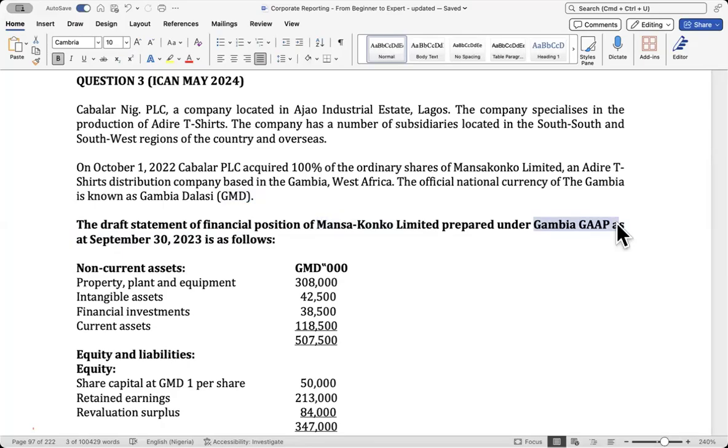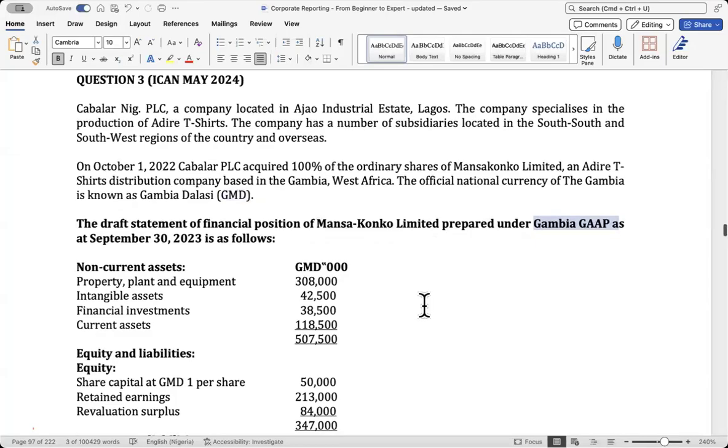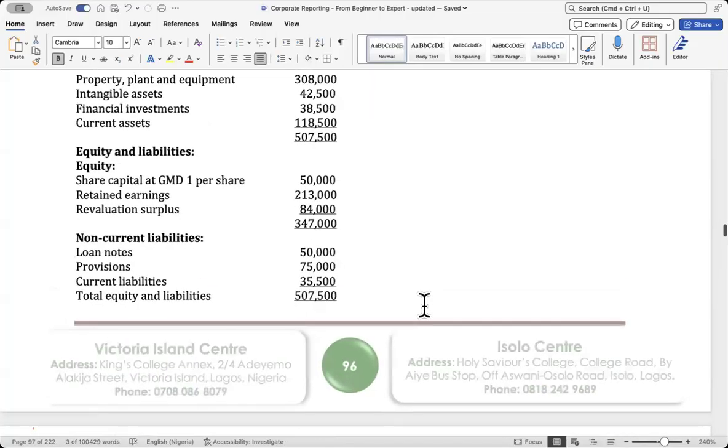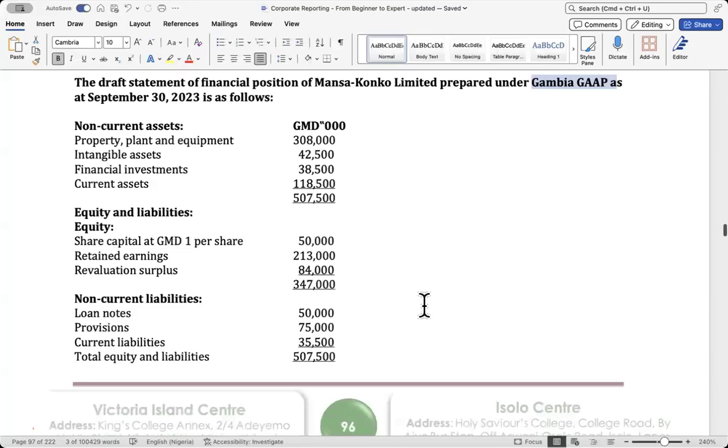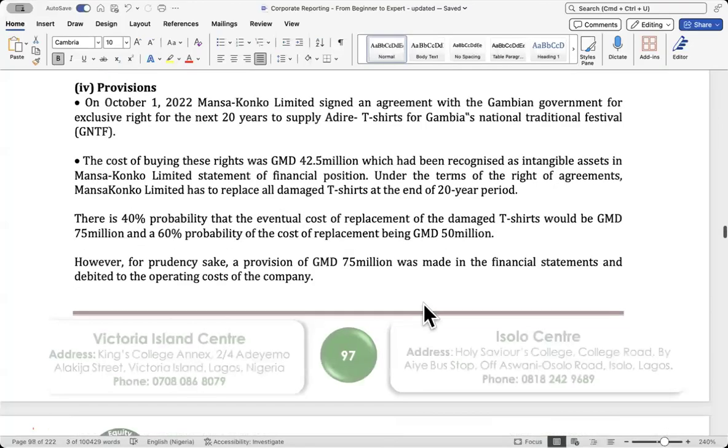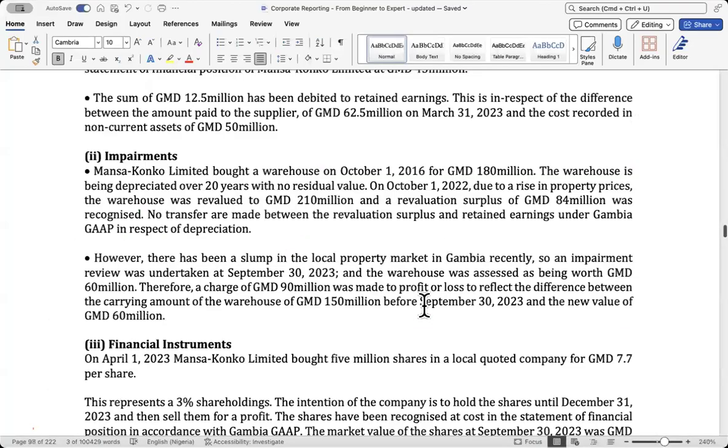That means Mansa doesn't use IFRS. He has prepared these figures using Gambian GAAP, and that's why the question is asking for IFRS adjustments. It's like we are taking it from Gambian GAAP to IFRS. And they give us a few very simple items that we need to quickly adjust for.